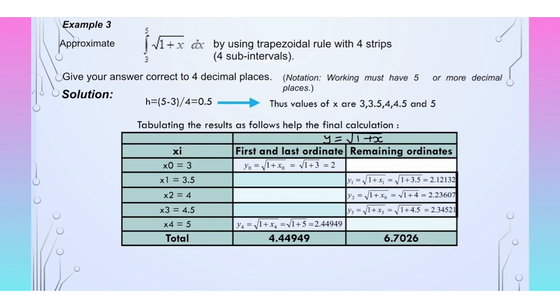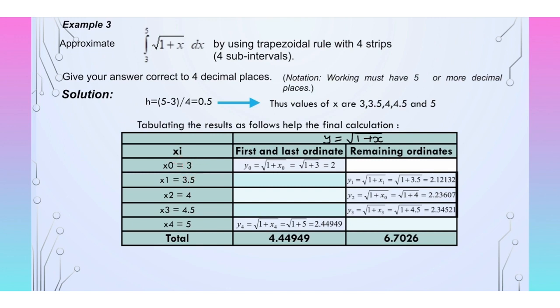In the first column we're going to have all the values of x. x naught is 3, x1 is 3.5, next is 4, next is 4.5, and the last one, x4, equals 5. While for this column of y, we have the first and also the last ordinate. y naught is square root of 1 plus x naught.